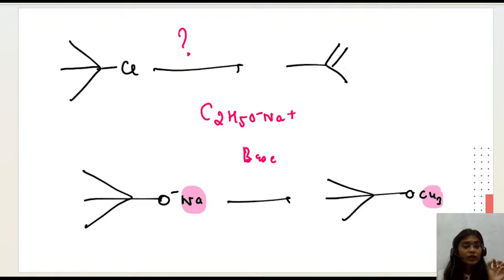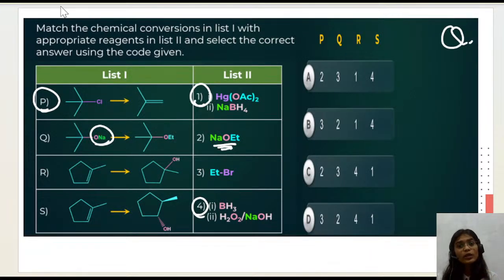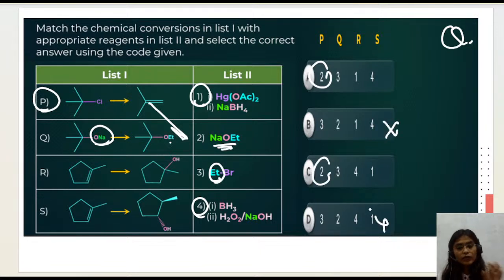So if Q goes with option number 2, it's absolutely wrong, because we want only ET there, and this is the only option where we have ET left, because bromine is going to combine with Na. So P goes with option 2. If you are confusing P and Q options, it means your reaction mechanism is still not very good.